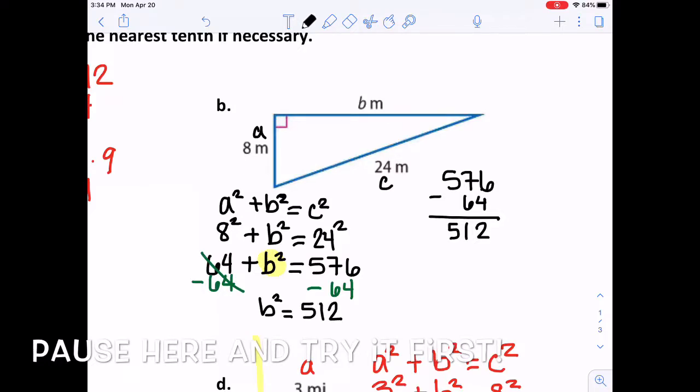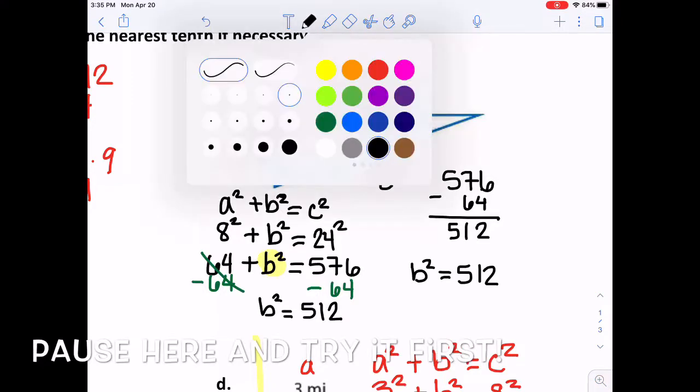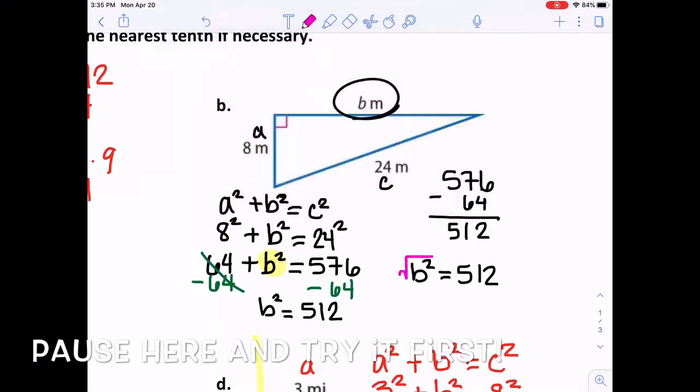Now, again, we don't want b squared, we just want b, right? B squared is b times b. So in order to undo the square, we are going to use a square root. And so we're going to square root each side. The square root of b squared is b. The square root of 512, you can just leave as the square root of 512.